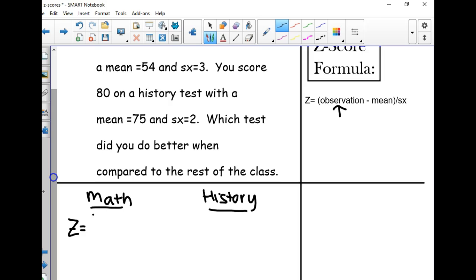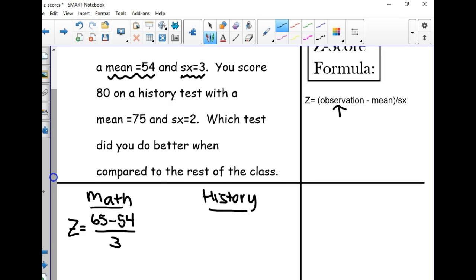So I take my observation. I subtract the mean, 54. I divide by the standard deviation. So I take my calculator, and here's where people are making mistakes. If I type this in all at once, the calculator won't read it right.